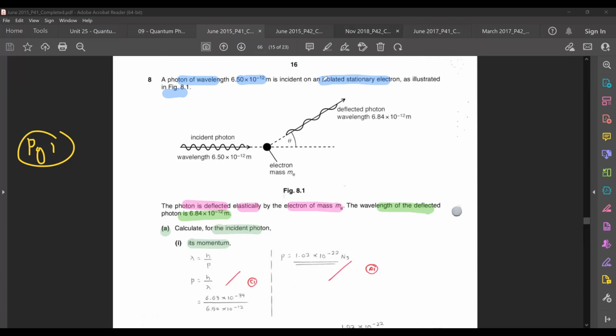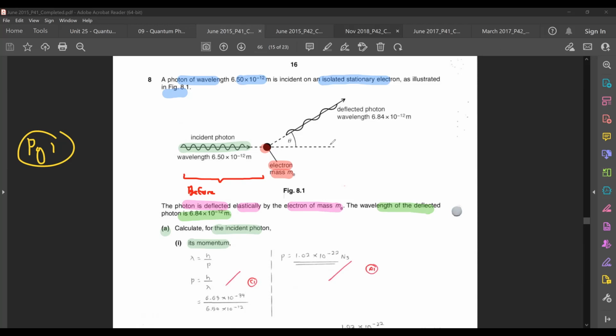In your case here, what they mention is that you have a photon coming over this way, and then after that it hits a stationary electron. So this part here can be considered as before your collision.